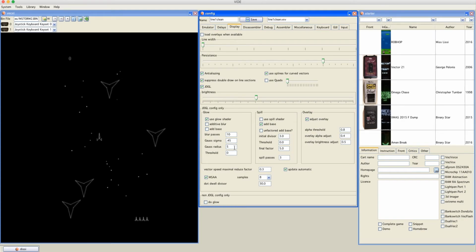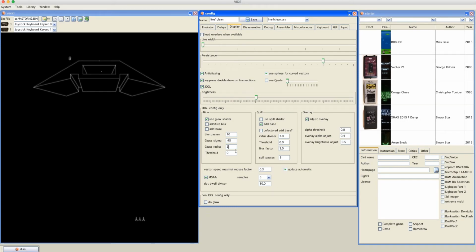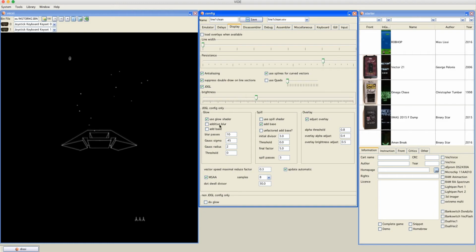You can see non-additive blur. You usually have to do many passes to actually see some good effect. The actual radius can be quite small. One is probably enough if you do that many passes. Or if I switch to additive blur, you will see full brightness.